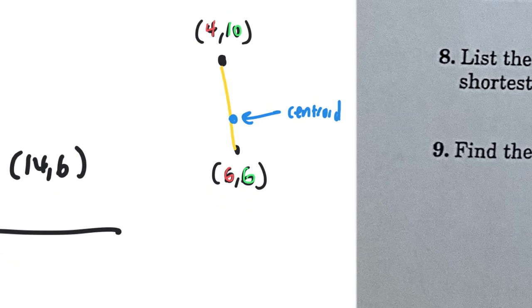We're going to say that the x coordinate of this centroid is going to be 2/3 of this difference plus this. So in other words, we're going to find the difference between these x coordinates. We're going to find out what 2/3 of that difference is, and then we're going to add it to this one.